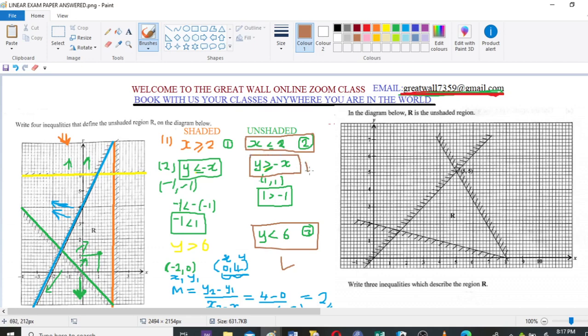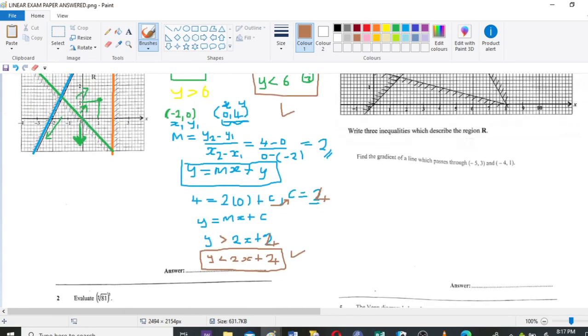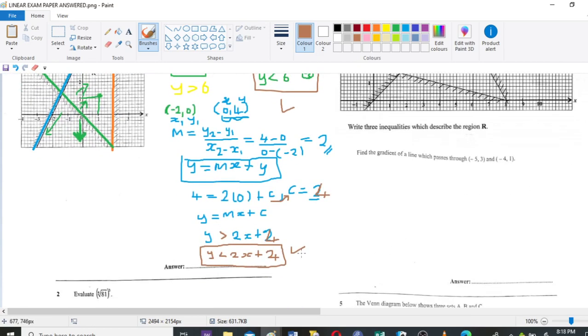So we have all the four inequalities written here. We have the first one here, the second one, the third one there, and the fourth one here. So those are the four inequalities.